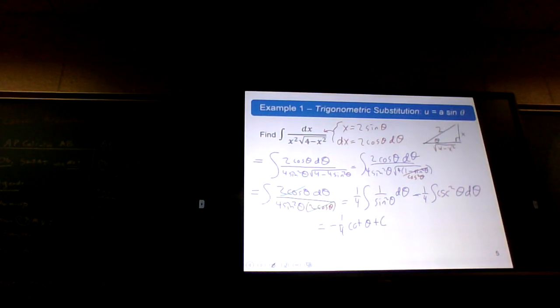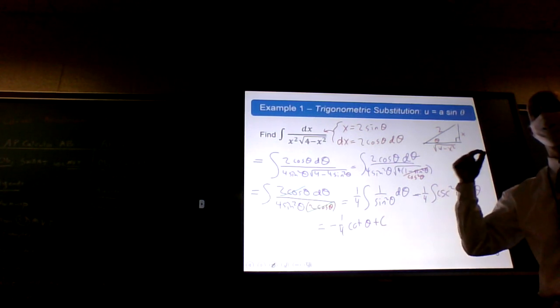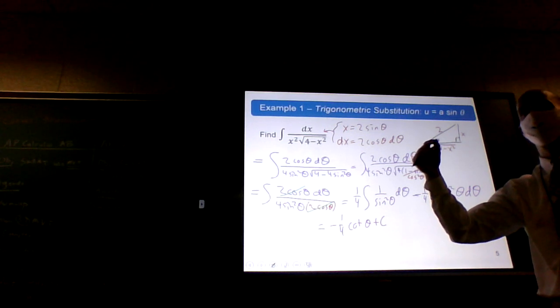Now, obviously for you to get that step, you kind of need to know that integral, but here's where things get great. Remember up here I said that since this was theta and it was sine, it was opposite over hypotenuse. Do you guys happen to remember what tangent is? Tangent is opposite over adjacent. What would cotangent be?